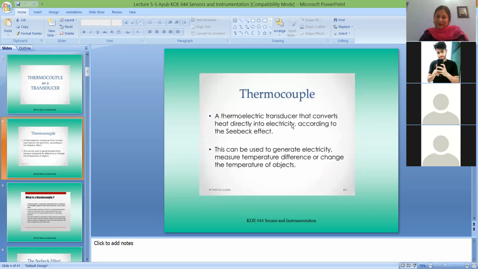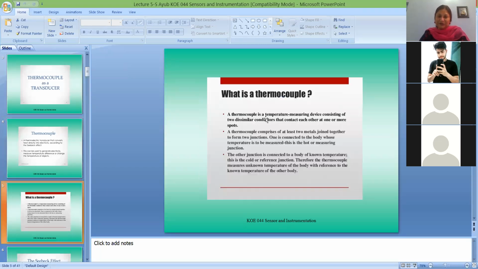A thermoelectric transducer or thermocouple converts heat directly into electricity according to the Seebeck effect. This can be used to generate electricity or measure temperature difference. So you must have studied the Seebeck effect, and we'll see that also shortly.